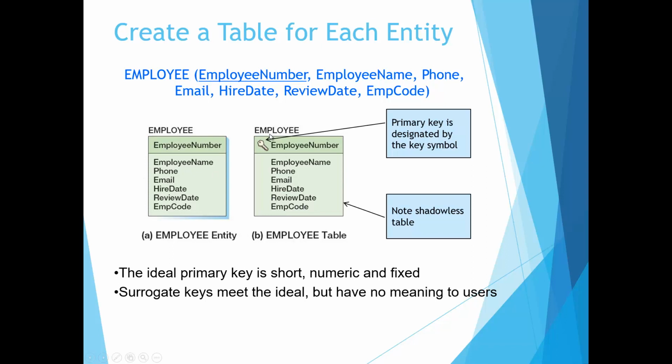Now it's called the employee table, and we have the employee number as primary key, and the rest are the columns that should be created within that table. So we have the attributes being transformed into columns.